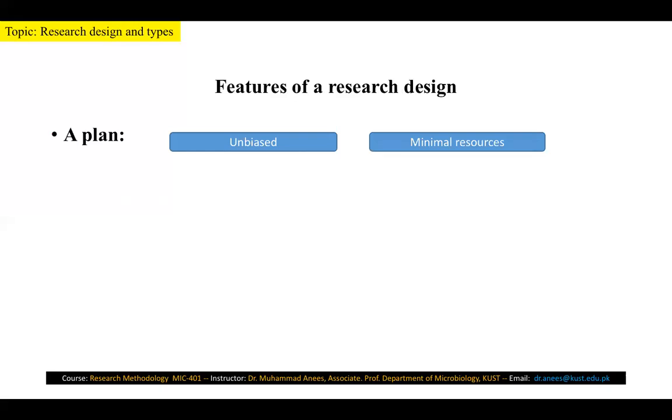It should be unbiased, it should not involve your own decision or your own will, and it should be designed in such a way that it uses minimal resources in terms of time and money. And the plan should be relevant, meaning it should answer all the questions that are related to your hypothesis or your research.